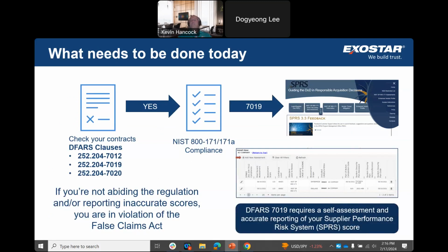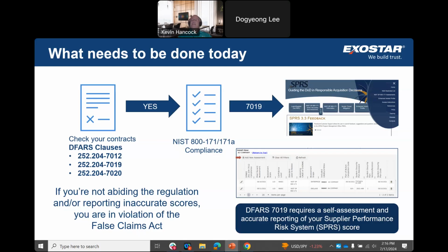You may be receiving that as part of contracts today. And if you've got the DFARS clauses you see there, 7012, 7019, 7020, you've already agreed to protect that controlled unclassified information in adherence with NIST 800-171.